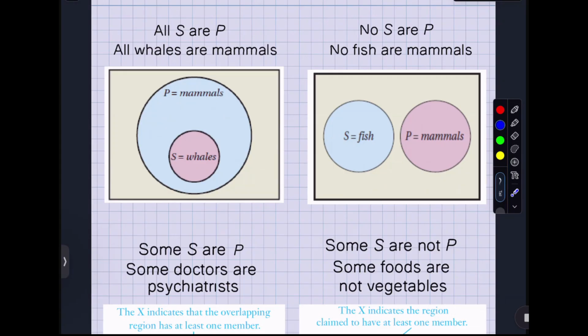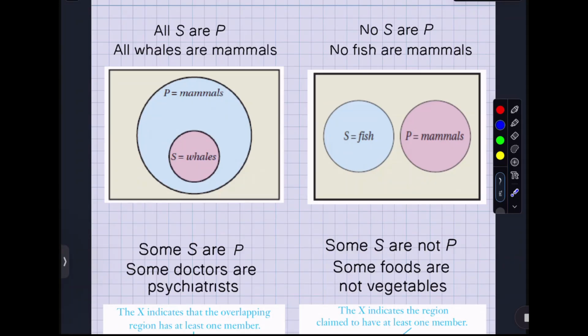So as a subset, when you see the whale circle inside the mammal circle, that means all whales are mammals, right? Because the complete circle is inside. If part of the circle is outside, then it'll be some whales are mammals.